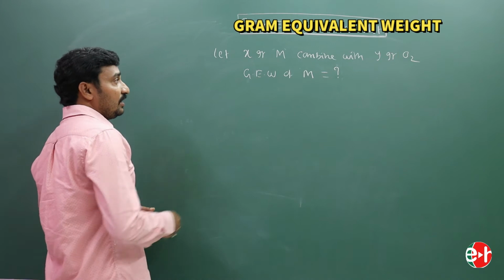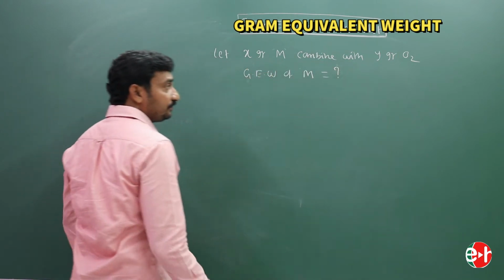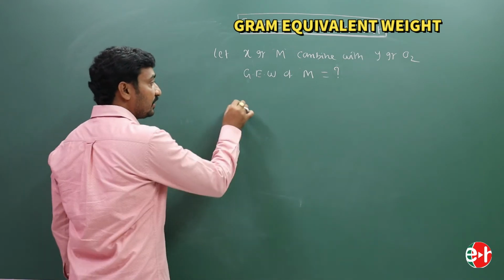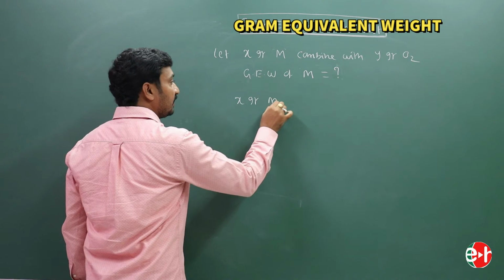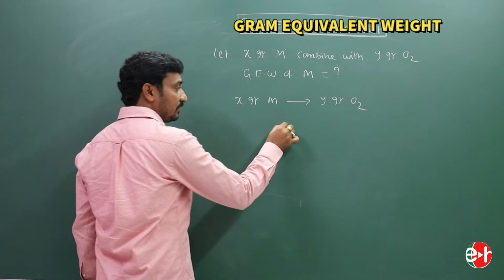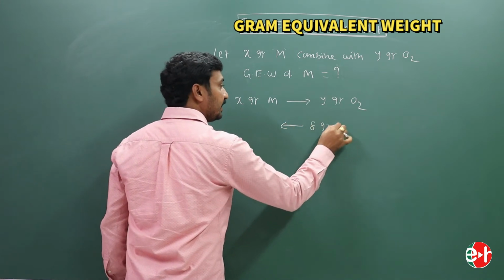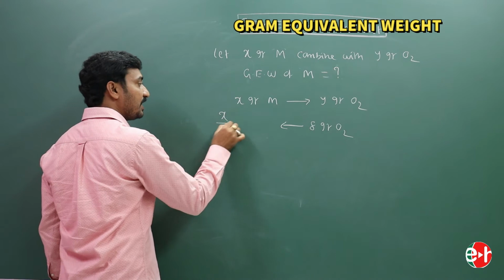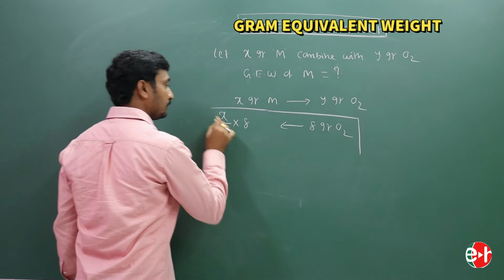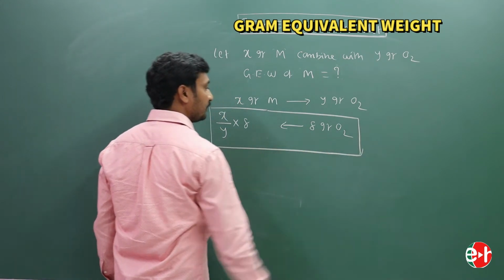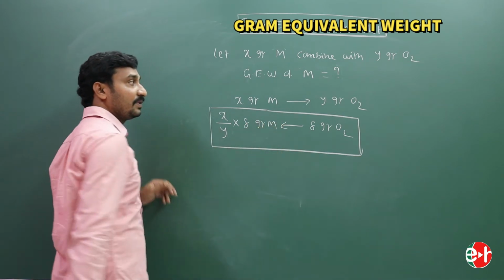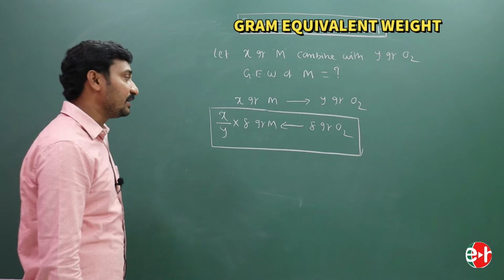X gram metal combined with Y gram O2, then how many grams of metal combine with 8 grams O2? X gram metal with Y gram O2, then with 8 gram O2, how many grams? X by Y into 8. So this is the equivalent weight of the metal in terms of oxygen.